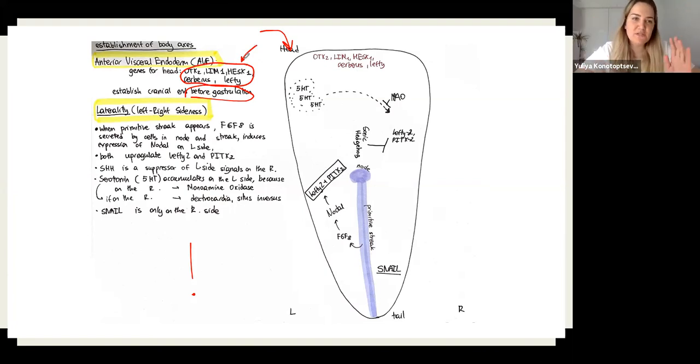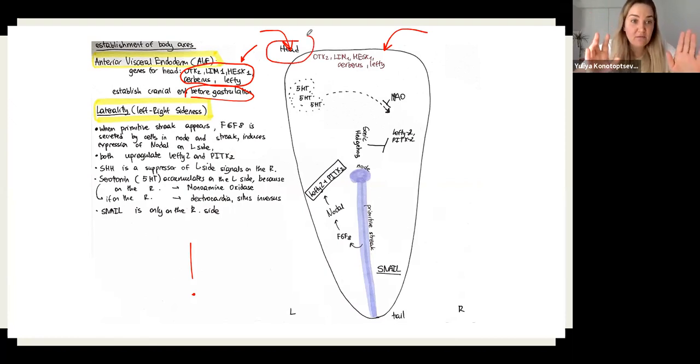This semester I highly doubt. Next semester definitely you have to. These genes are called OTX2, LIM1, HESX1, Cerberus, and Lefty. These 5 genes, the area where they are expressed, are forcing that part of the embryo to become head.